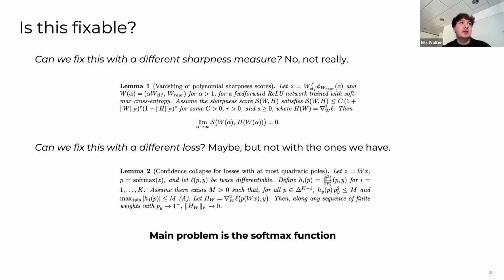The main problem appears to be the softmax function and how it's computed. Unfortunately, this is the current state for guaranteeing adversarial robustness using sharpness.